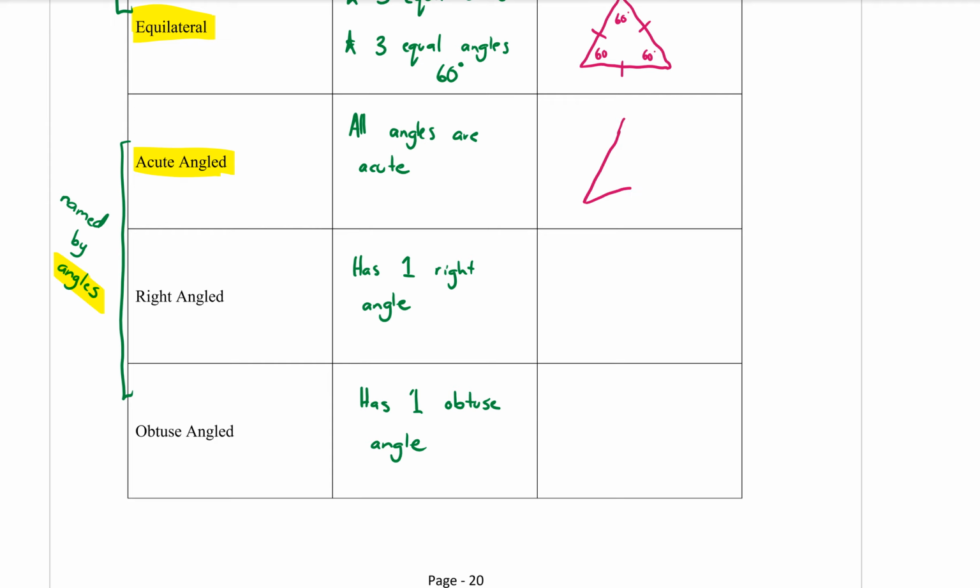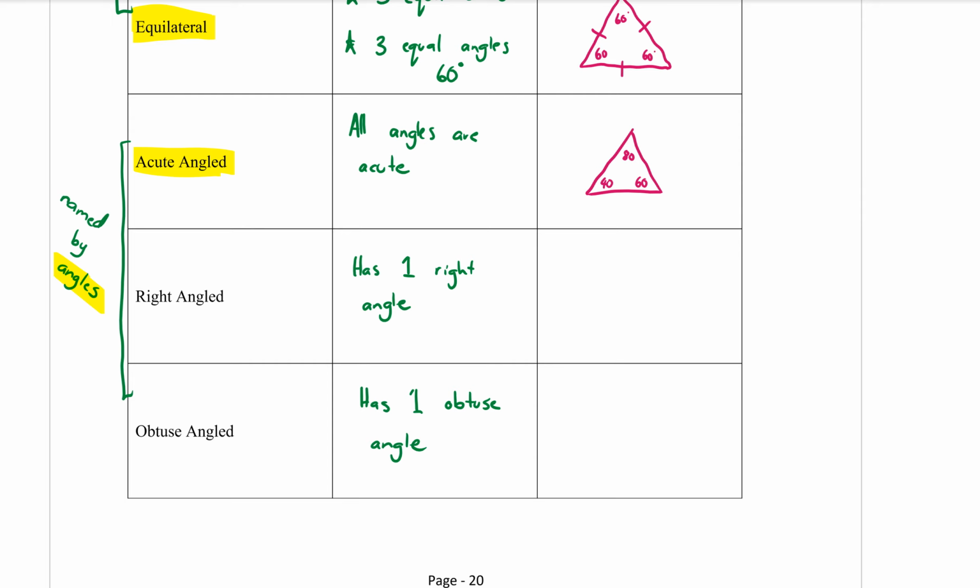Oh dear, I think I'm making that one obtuse now. Let me start that again. As long as all of those angles are less than 90, then that is an acute angled triangle. So maybe that one's 80, that one's going to be 40, and this one's going to be 60 degrees. Okay, they're all less than 90 degrees.